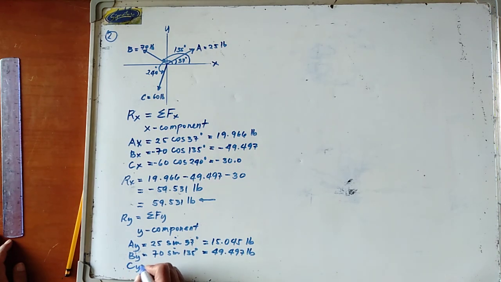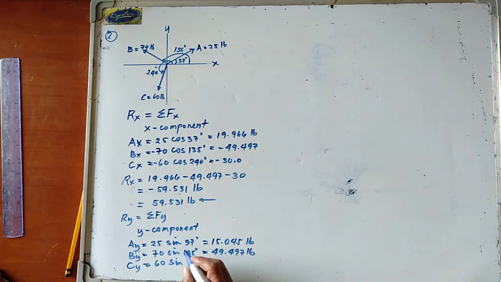And Cy is equal to 60 sine of 240 degrees, and this one is negative 51.962 pounds.